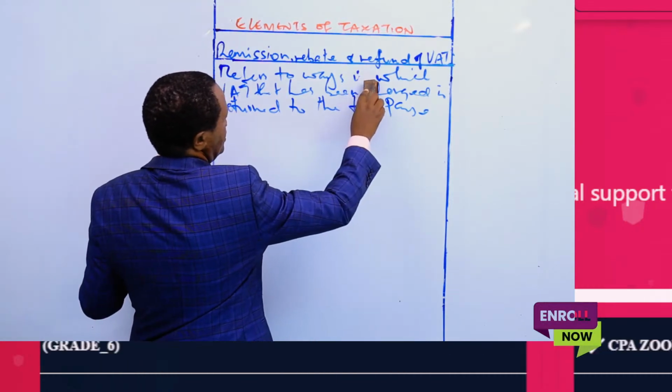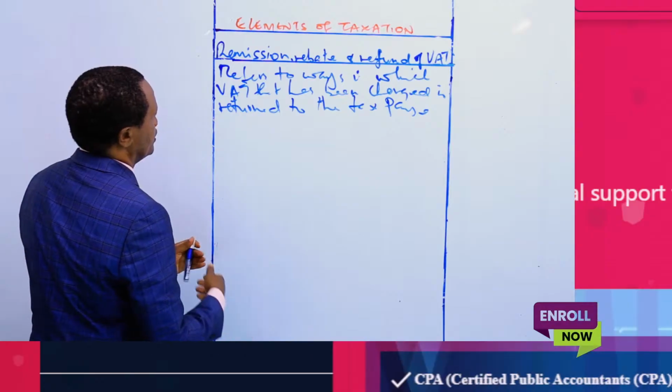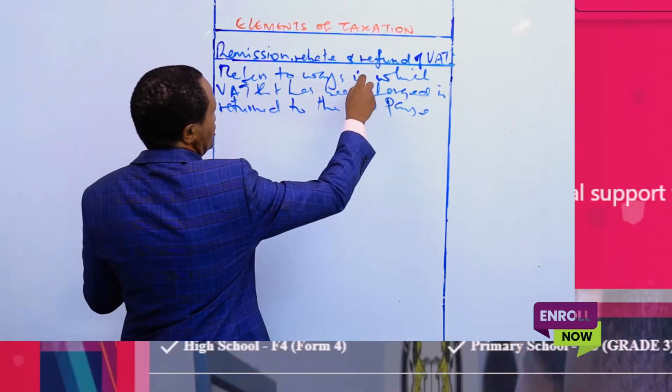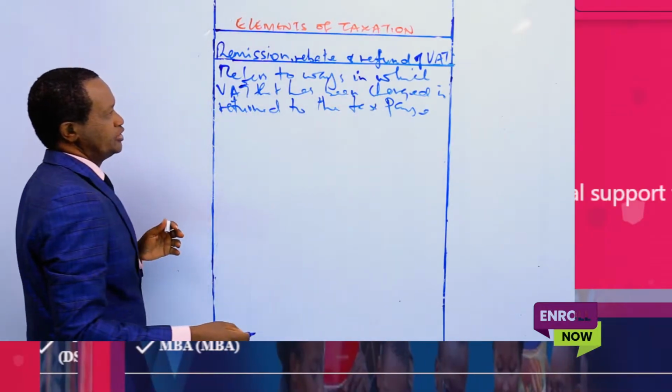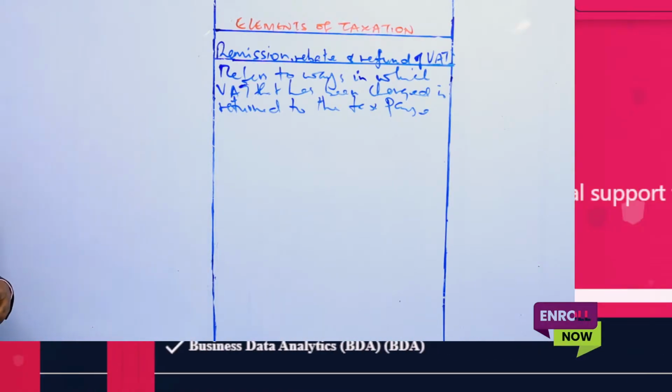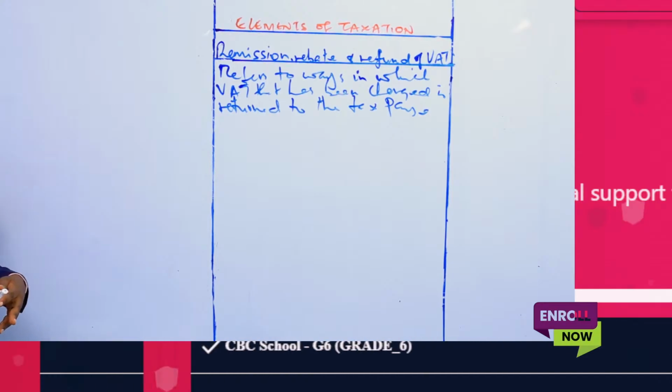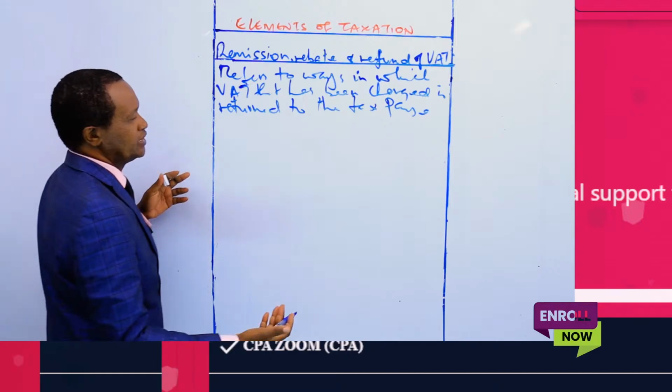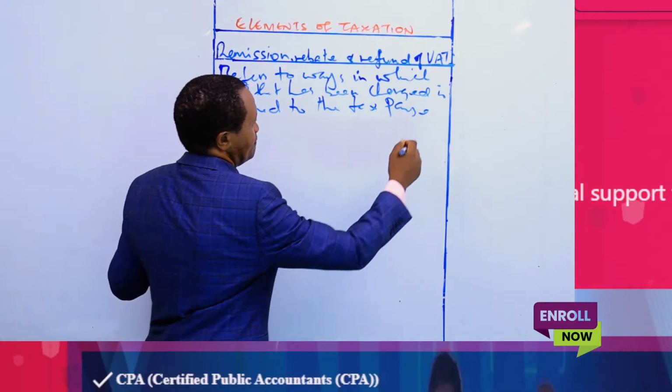They refer to ways in which VAT that has been charged is returned to the taxpayer, but they apply in different circumstances and have distinct legal bases and processes.